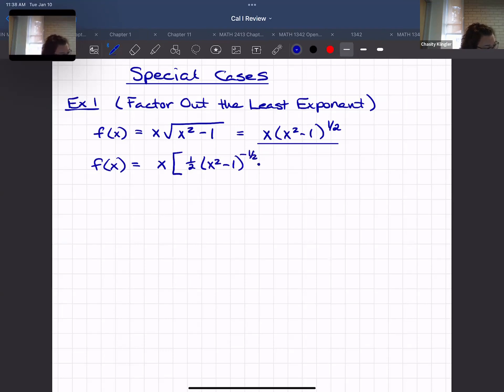And then times 2x, the derivative of what's inside. So that's my derivative of the (x squared minus 1) to the 1/2. Okay, so that's the first times the derivative of the second, plus the second times the derivative of the first, which is just 1 here.